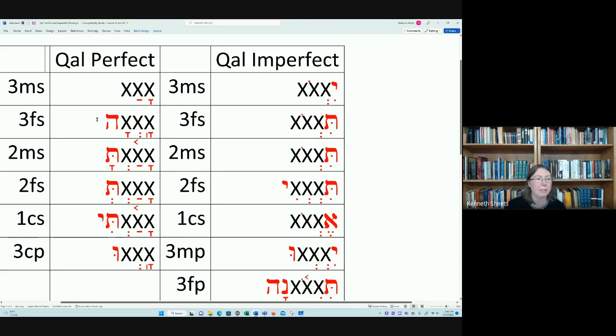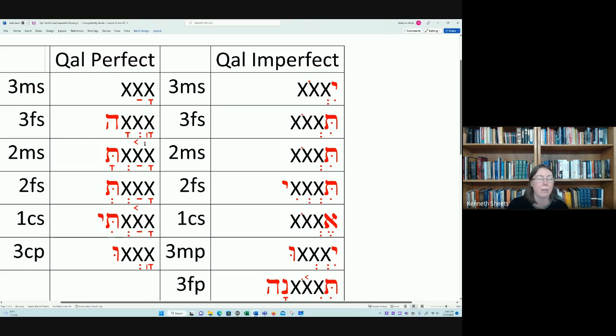So thus, third masculine singular under the Qal perfect, we would have qatal. So that qamets underneath the first root, the patach underneath the second. Third feminine singular, qatlah. Notice that you do have that qamets there that is holding the syllable underneath the first consonant open.